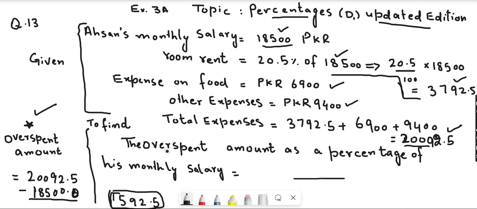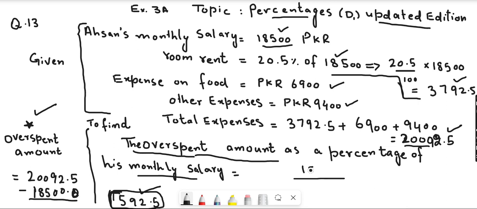Till now we have just calculated his expenses and the overspent amount. What we actually have to calculate is the overspent amount as a percentage of his monthly income.